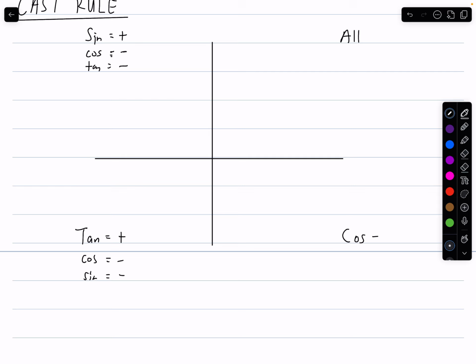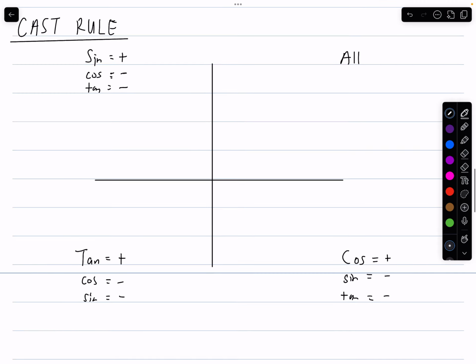And then over here, cos is positive, but sine and tan are negative. And then over here, all are positive. So sine, cos, and tan are all positive. So this is really important, and I'm going to show you how.